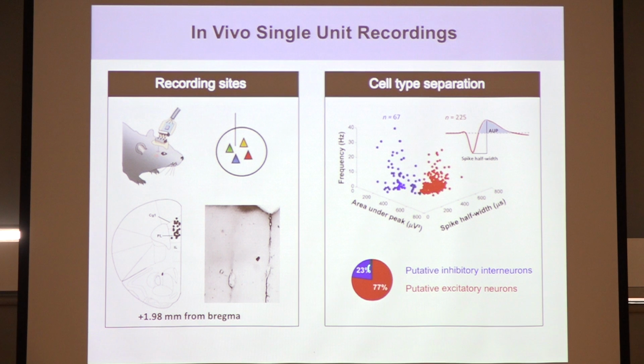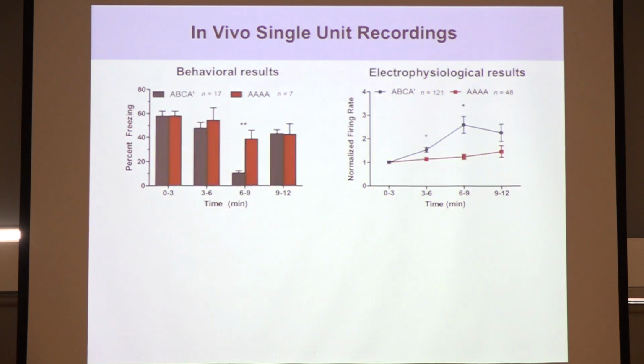And we end up with roughly the same proportion of neurons corresponding to inhibitory interneurons or excitatory neurons. So again, you have the behavioral result here for the experimental group ABCA. So the gray here is fear generalization in context B, discrimination in context C, and fear again in context A. And you have the control group exposed to A only, where you don't have any effect.